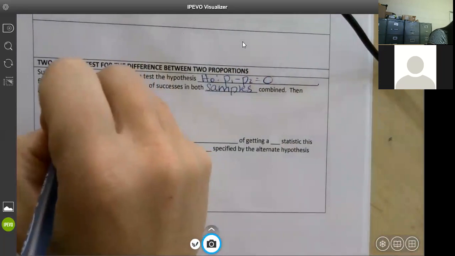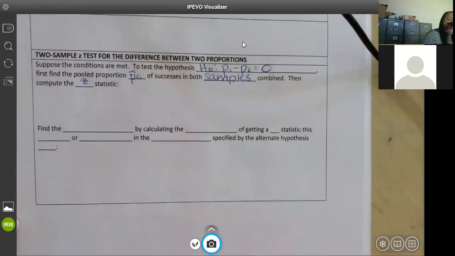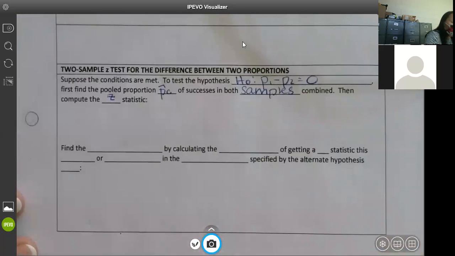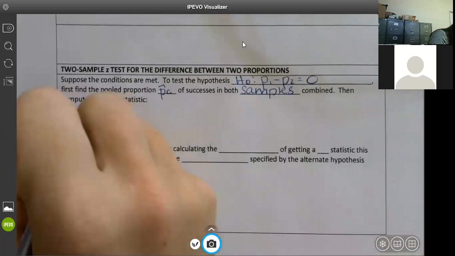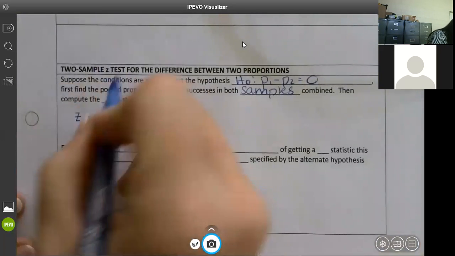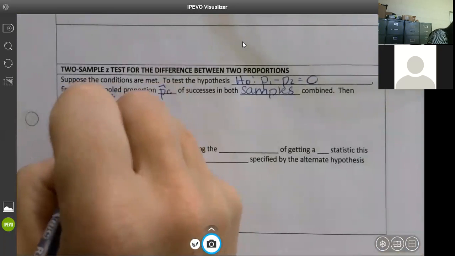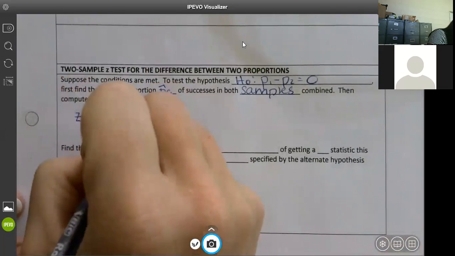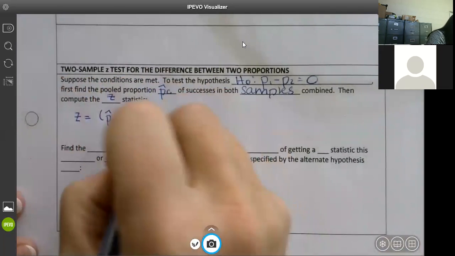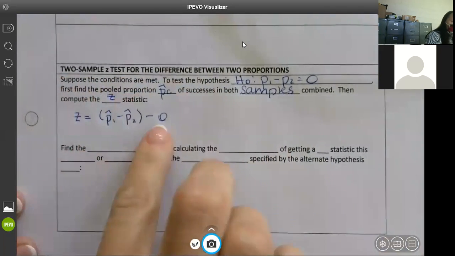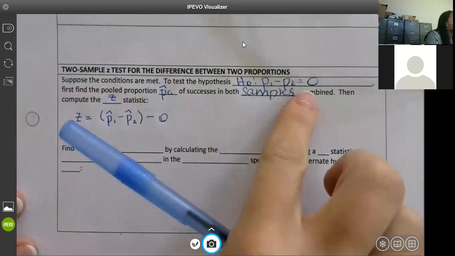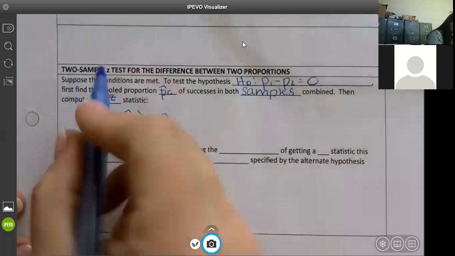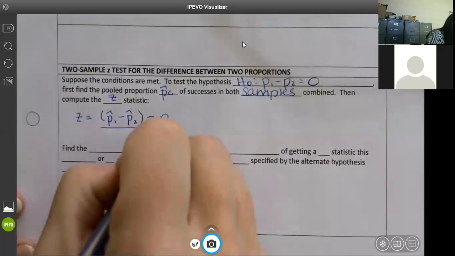Then compute the Z statistic. So Z equals P hat 1 minus P hat 2 minus 0. Remember, this 0 comes from the null hypothesis. So don't wonder where it came from. That's where it came from. So it will always be 0 in this case.